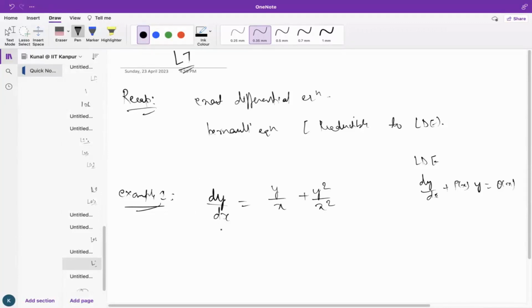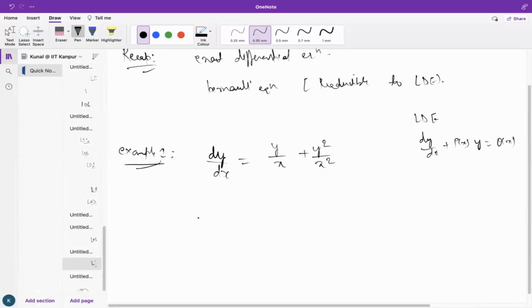What I can do here is divide by the maximum power of y, which here is y square.